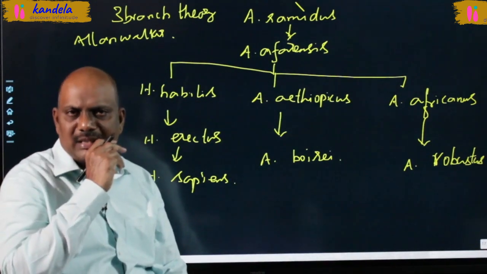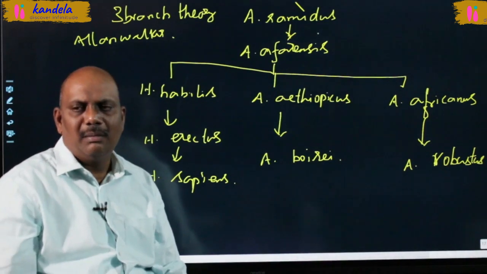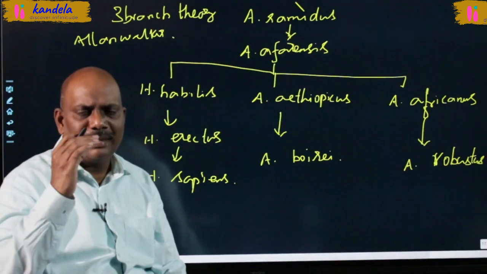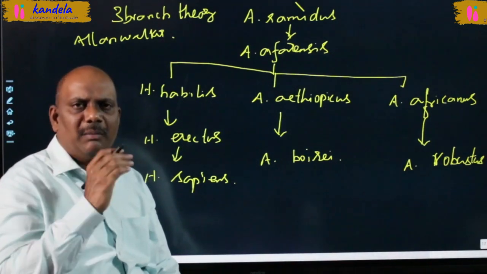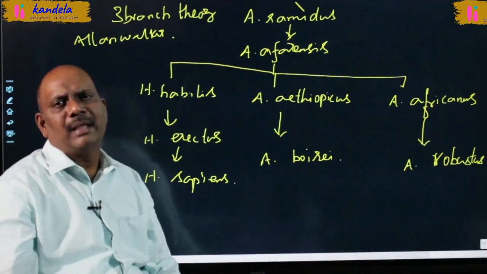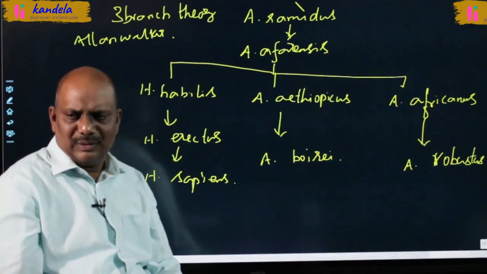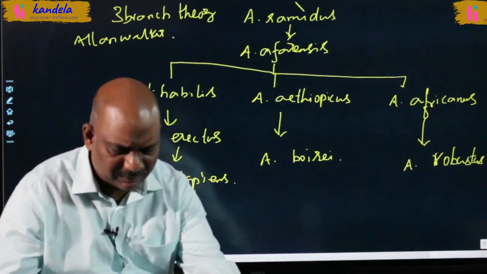So for the three branch theory given by Alan Walker, no need to include ramidus, but while giving a conclusion, we can write one more table adding the ramidus, suggesting that this is the latest schema of phylogenetic status of Australopithecus. Got it?